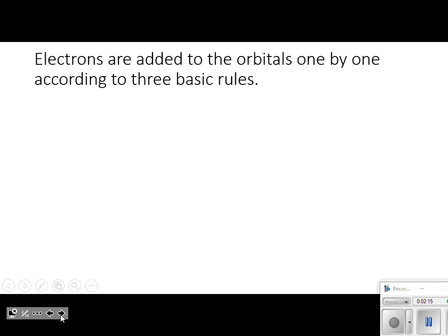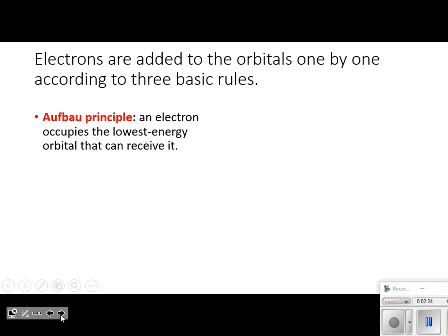Now, electrons are added to orbitals according to 3 basic rules. And these 3 rules are, first of all, Aufbau's principle. And that states that an electron occupies the lowest energy orbital that can receive it.